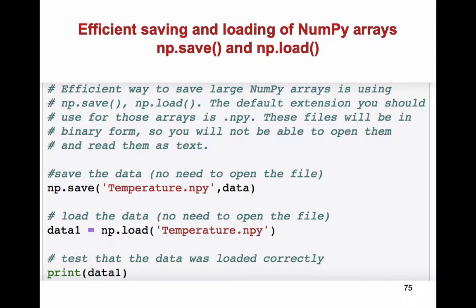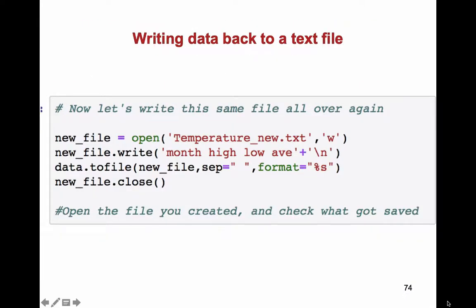Okay, now at the very end of last time, we also saved the data into a file. And again, we decide how to do that. In this case, we opened a new file, which I called temperature new text file, for writing. And then we wrote that first line in there, and then all of the numbers using an equivalent of that function from file.